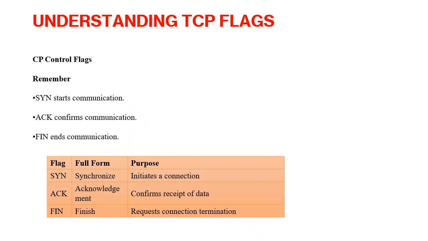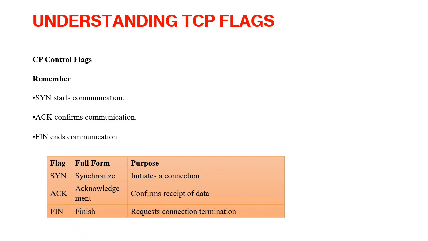Let's understand the three TCP flags involved in this process. The first flag is SYN. Think of SYN as knocking on someone's door. It means I want to communicate. The second flag is ACK. ACK simply confirms that the message has been received successfully.